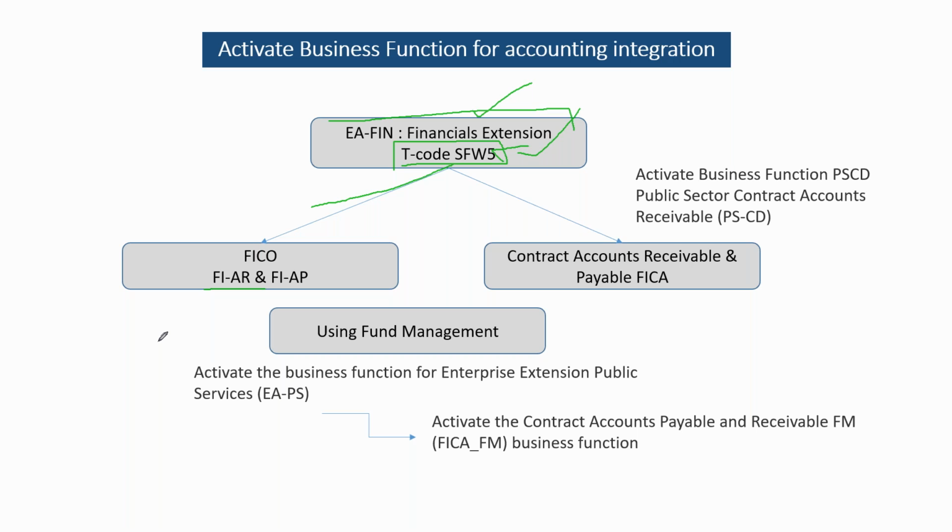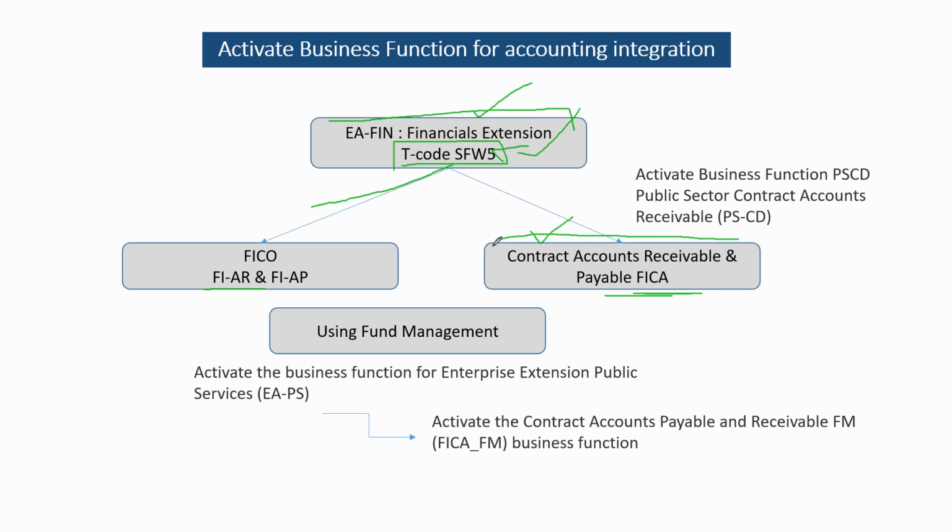Apart from that, you can use another accounting system called FICA, contract accounts receivable and payable. Generally we use this system in utility companies. But here, as an example, when you go for ReFx integration, this is one more option we have. So in place of FICO, you can go with FICA, contract accounts receivable and payable.